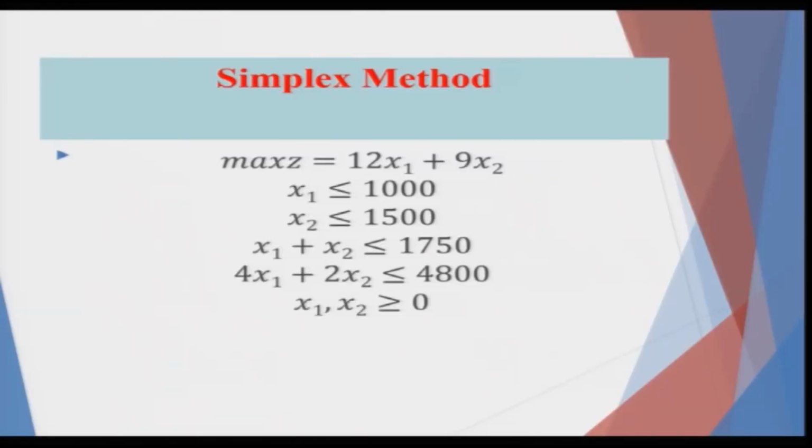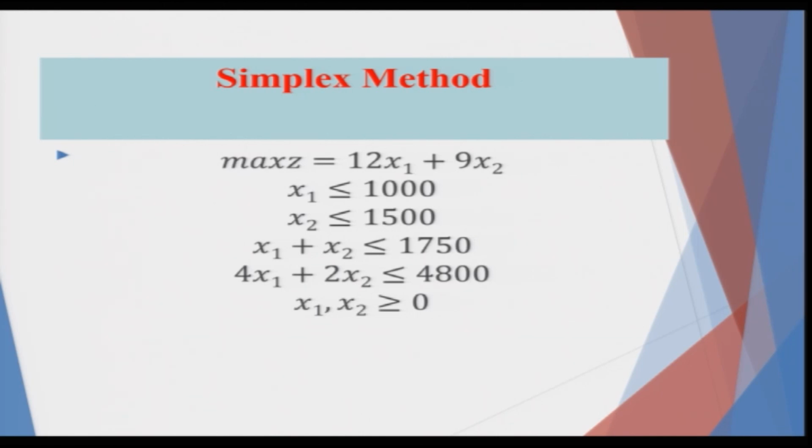So, the equations actually would be x1 plus s1 is equal to 1000, x2 plus s2 is equal to 1500, x1 plus x2 plus s3 is equal to 1750, and the last one will be 4x1 plus 2x2 plus s4 is equal to 4800.